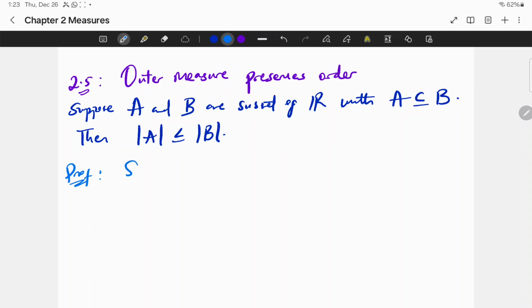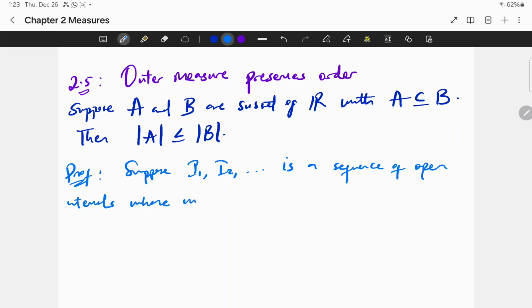So the first thing is to define a sequence of open intervals whose union contains B. So if the union contains B, then the union also should contain A, right?